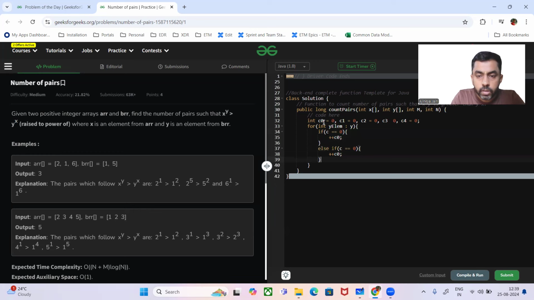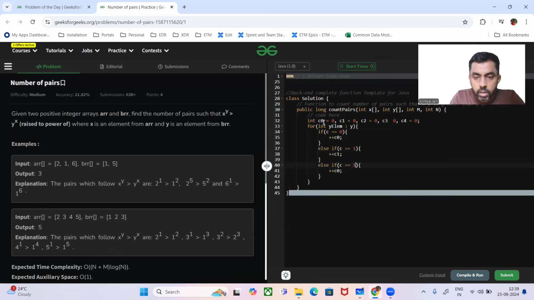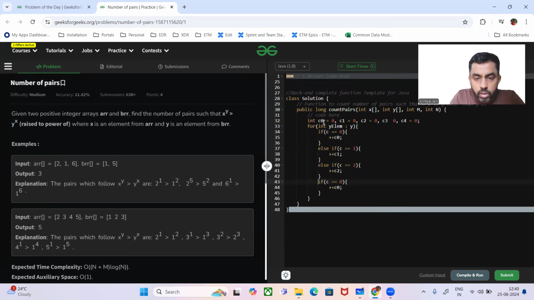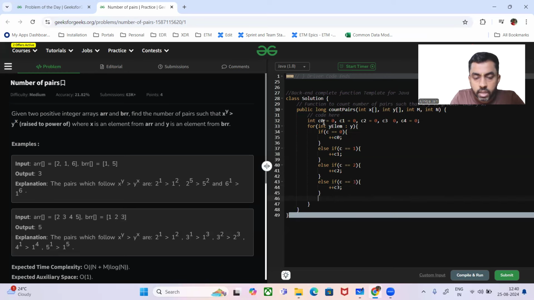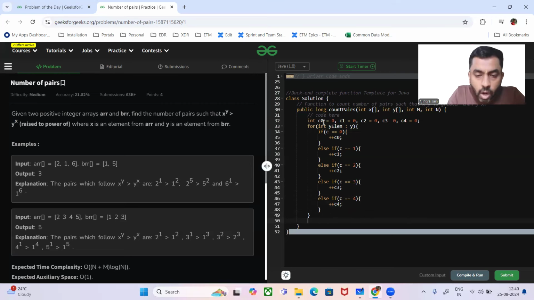Else if it is 1, we increment C1. Else if it is 2, we increment C2. Else if it is 3, increment C3. Else if it is 4, increment C4. So we have calculated the counts.